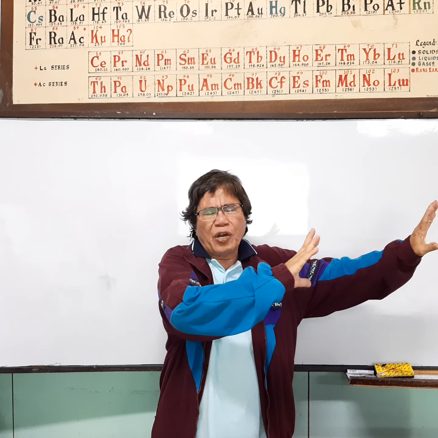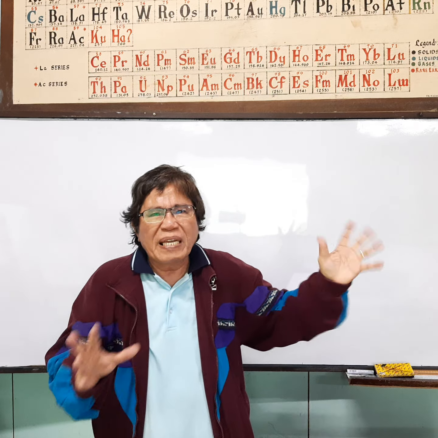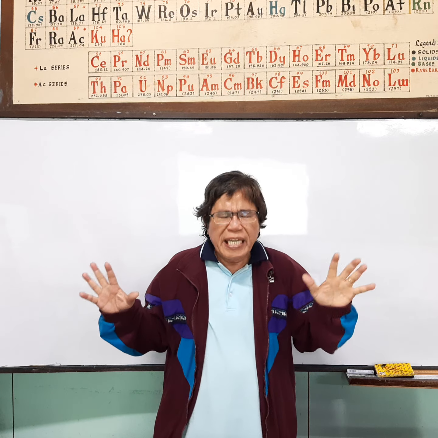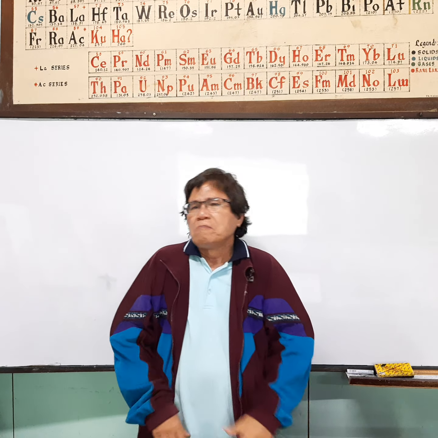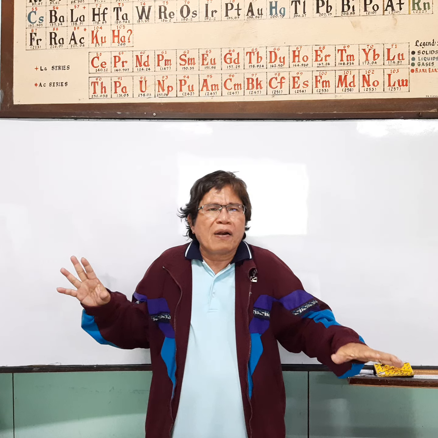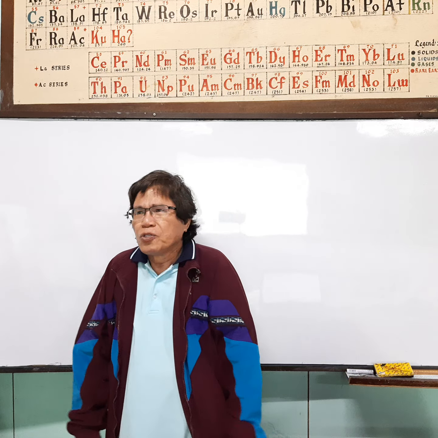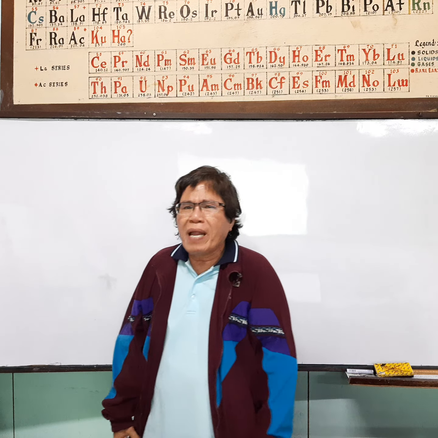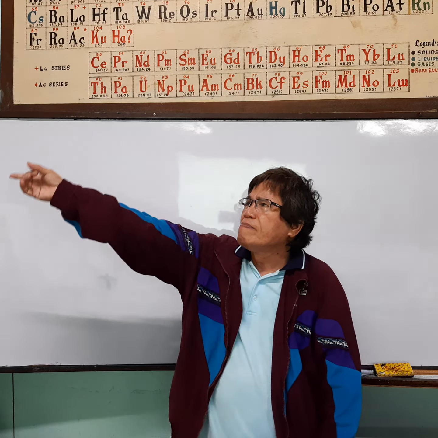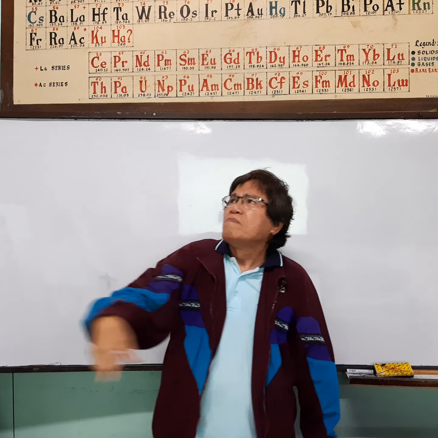In the beginning, the earth was thought to be the center of the universe, and everything moved around the earth in a circular orbit. Everything, including the sun, the moon, planets, the sky, moved around the earth.